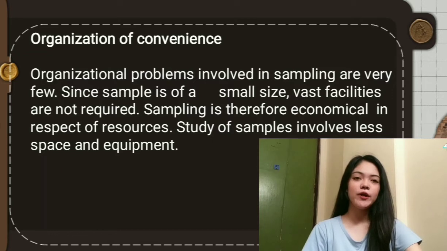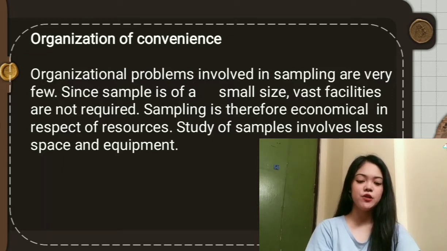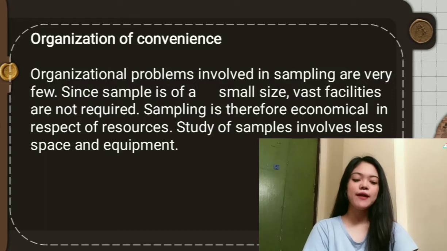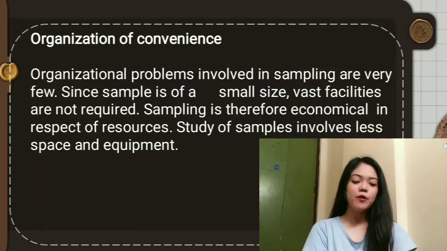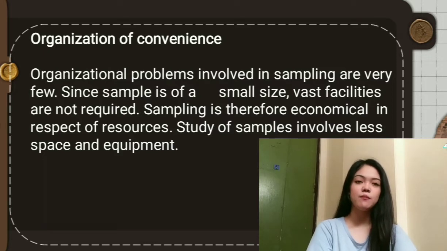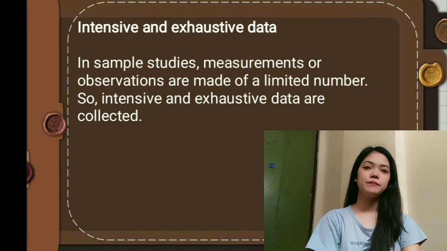So when we say organizational, it's convenient for the business and market research. In this case, may ma-encounter tayo na some of the problems in sampling kasi minsan nagkakaroon ng mga error na hindi natin maiwasan when it comes to conducting the study. Pero hindi naman ganun ka-persistent kasi very helpful naman yung sampling and convenient siya kasi accessible siya sa mga researcher.